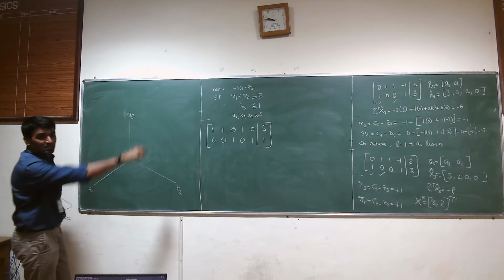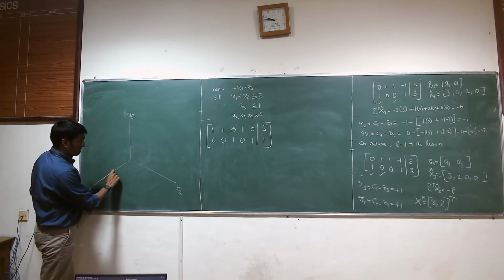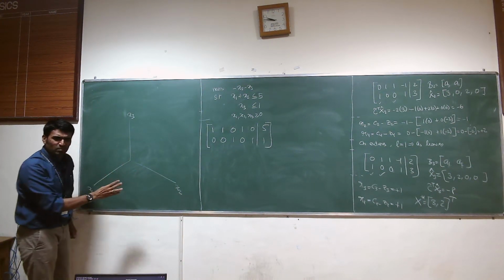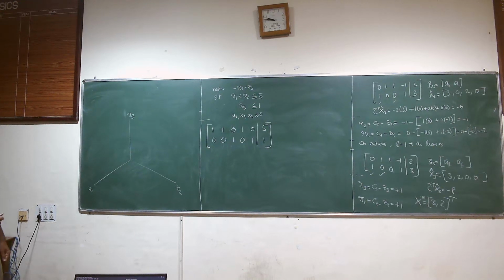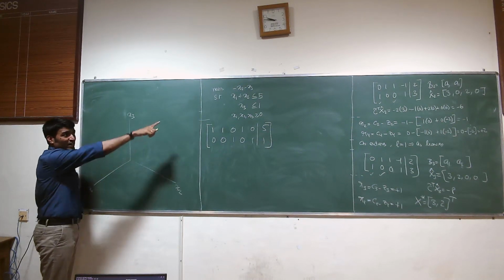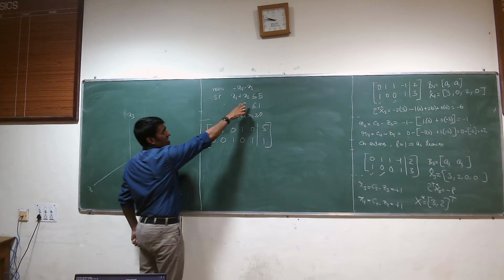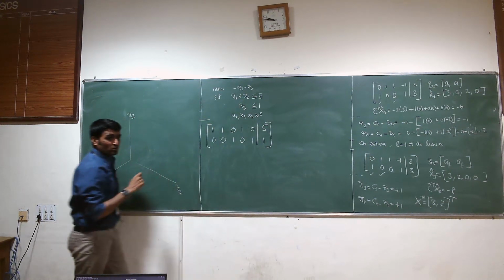Rectangular. Sorry, rectangular plane. Is that what you mean? Is it rectangular? How can it be rectangular? It's a plane, no? For example, if this was equal, what does it correspond to?